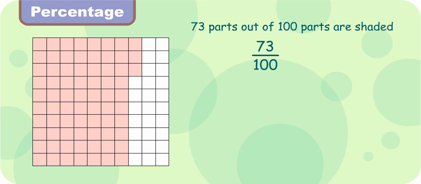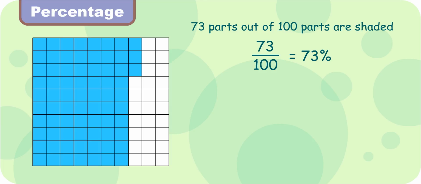Now, do you know what percentage of the square is shaded? Yes, 73 parts out of the 100 parts that make up the whole. Therefore, 73% of the square is shaded. Good work! From here, we know that 73% can also be written as a fraction, 73 over 100.